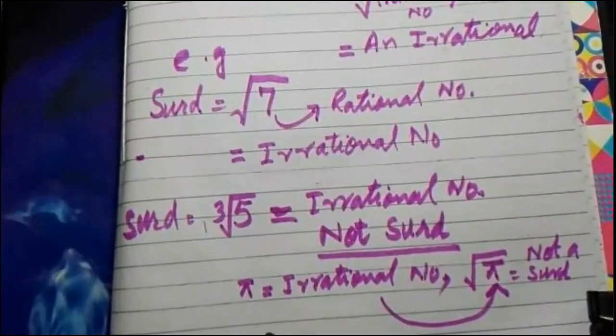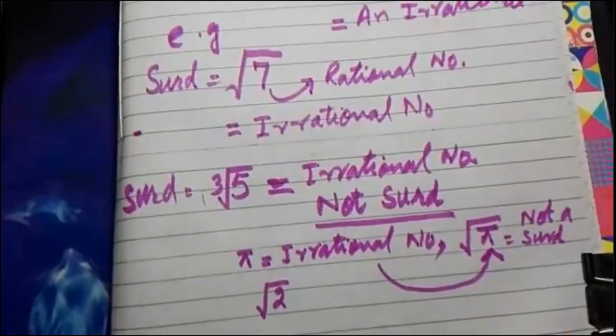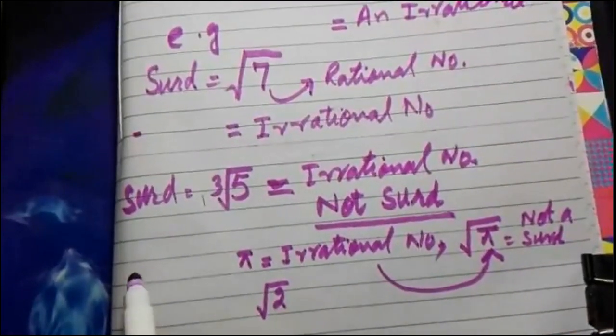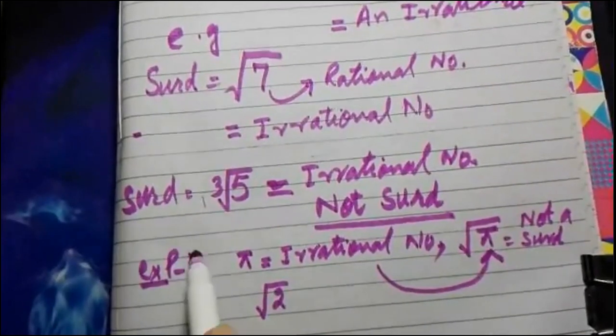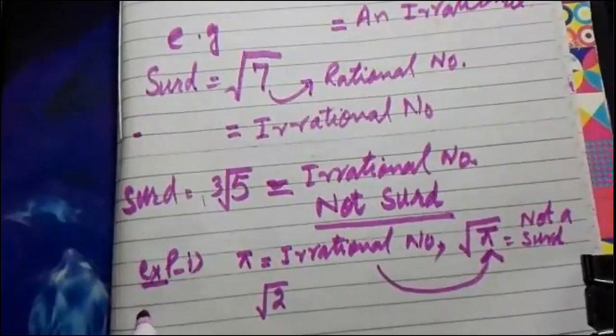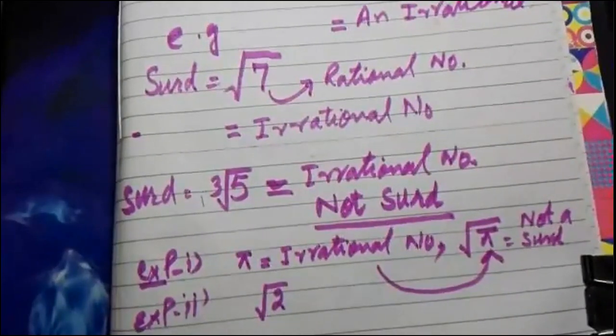For example, under root 2 is an irrational number. It is the second example which is not a surd. Under root 2 is an irrational number.